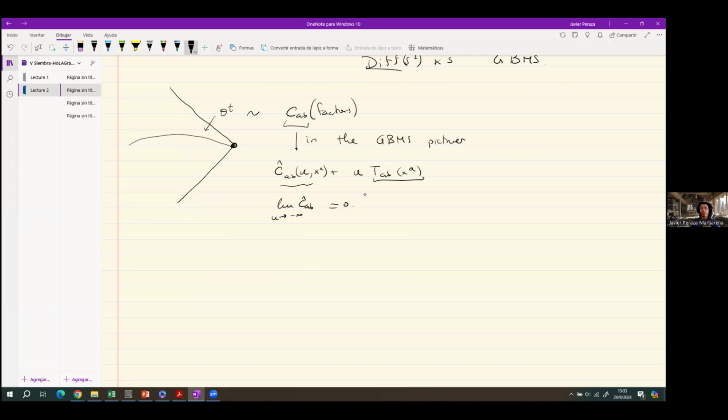So your data now, when you want to construct this phase space, will be C-hat_AB, because it contains the usual shear plus this tensor that is independent of U. And this tensor lives in the corner. It's the one responsible for the divergence. So if this tensor is 0, you are good to go. You don't have any divergences. If it is not 0, then you have a divergence, and you have to deal with it in some way.